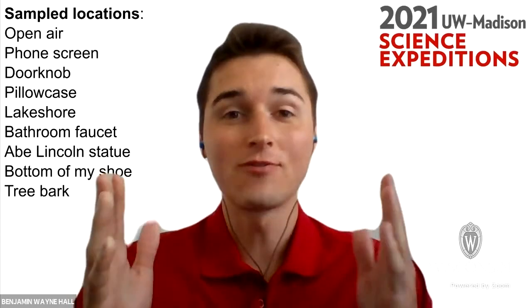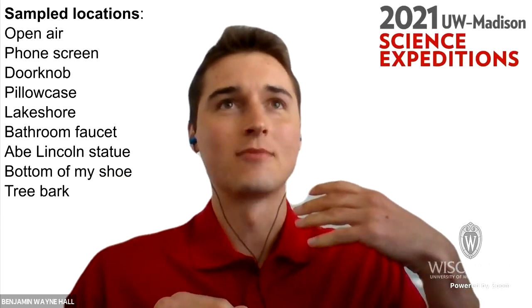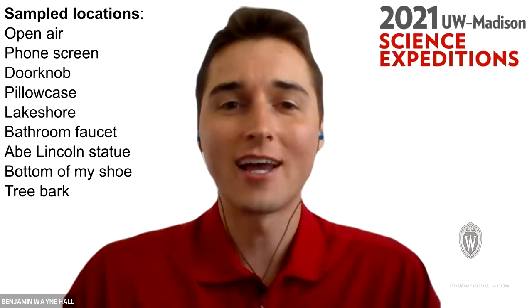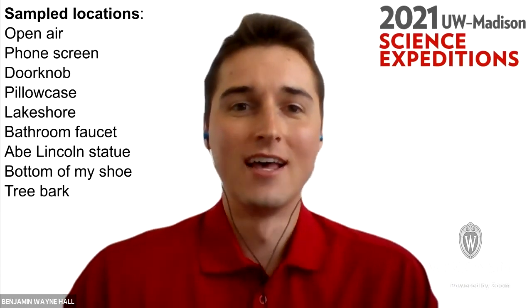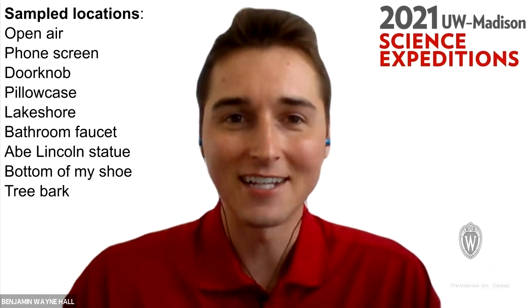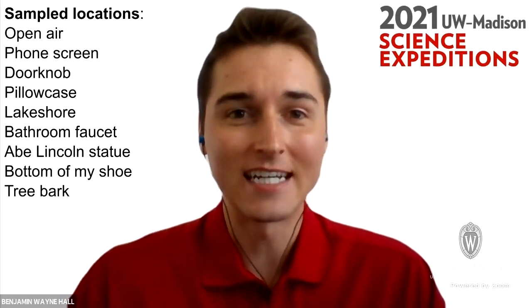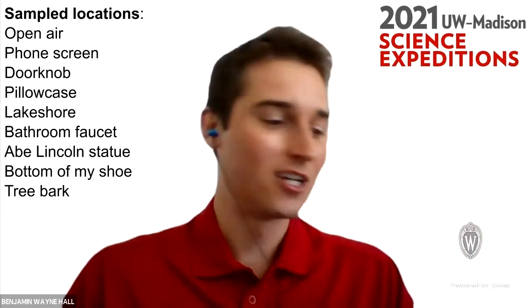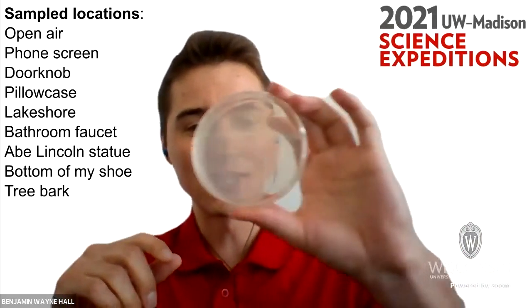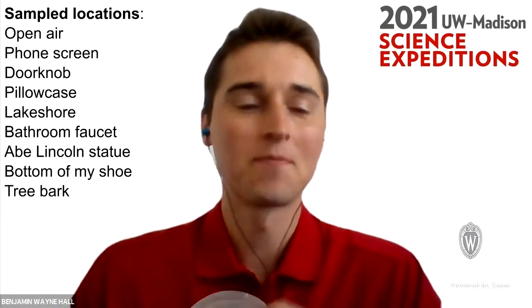In the pre-recorded video that I sent out, I posed a survey that allowed you to tell me where you would like me to sample for bacteria around the UW campus. Thank you to everyone who filled out that survey. Yesterday afternoon, I biked around campus and took Petri dishes with me, along with some Q-tips.